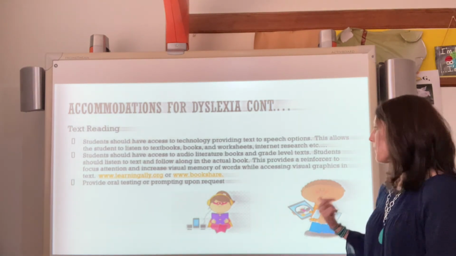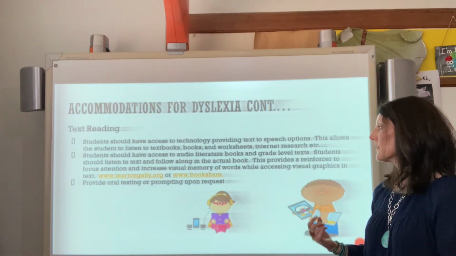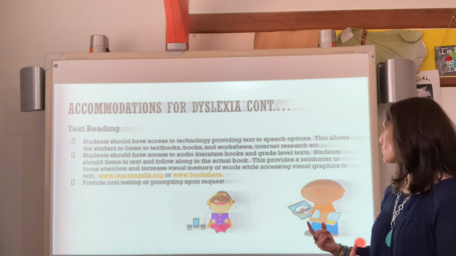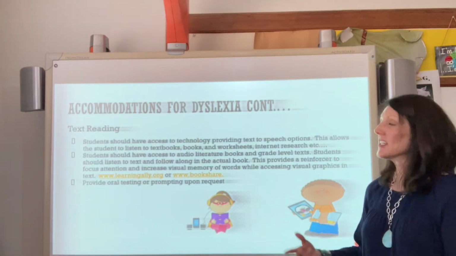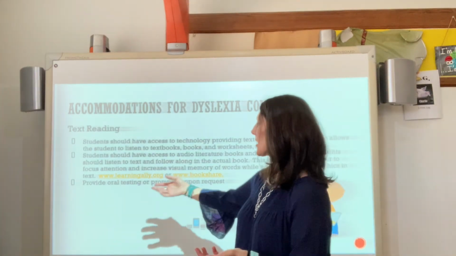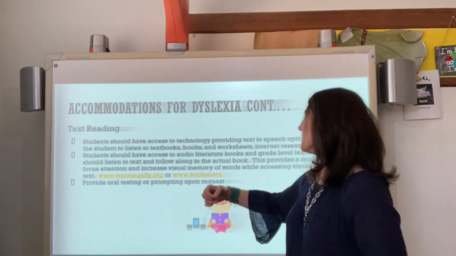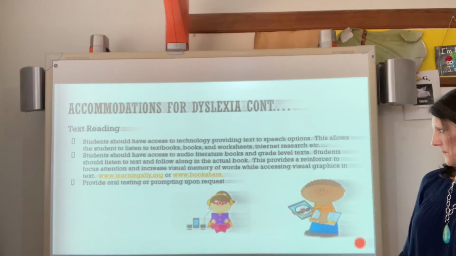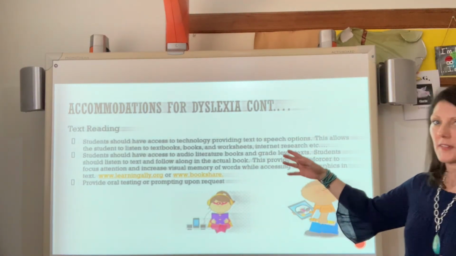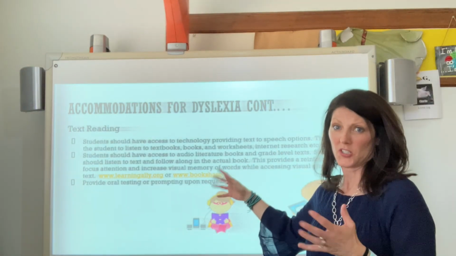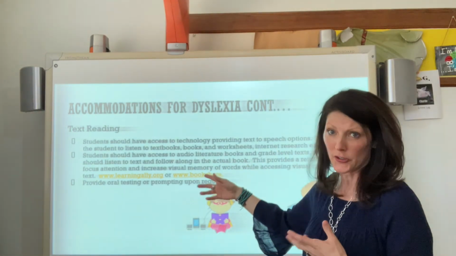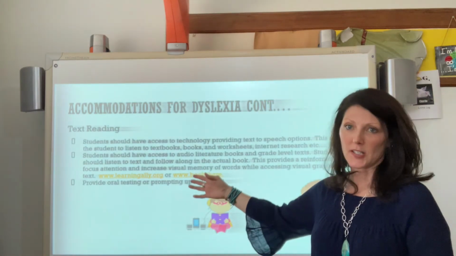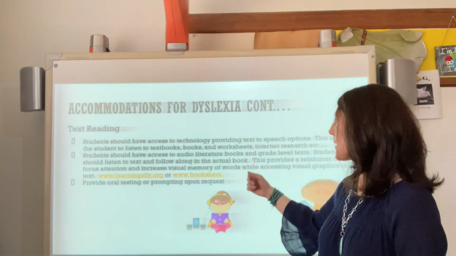This provides a reinforcer to focus attention and increase visual memory of words while accessing visual graphics in the text. These are some websites that you can check out: Learning Ally and Bookshare. There's usually a lot of literature and all kinds of books to read for pleasure, fun, literature circles, and also textbooks found on these websites.